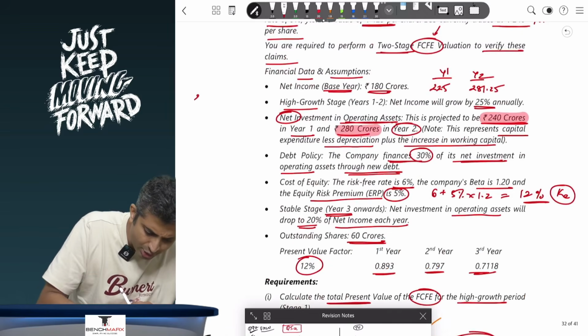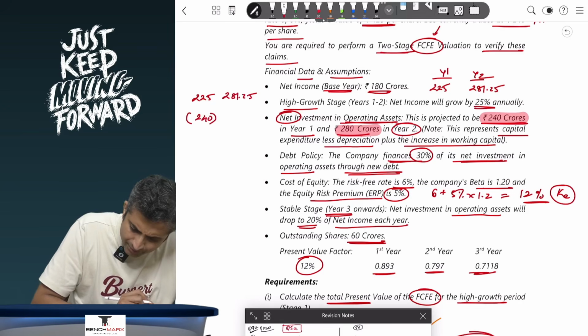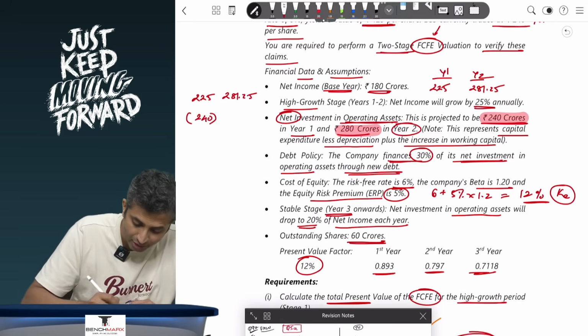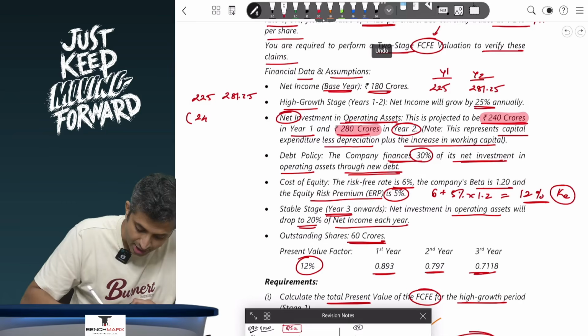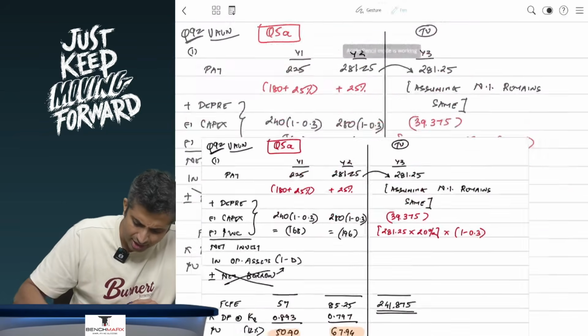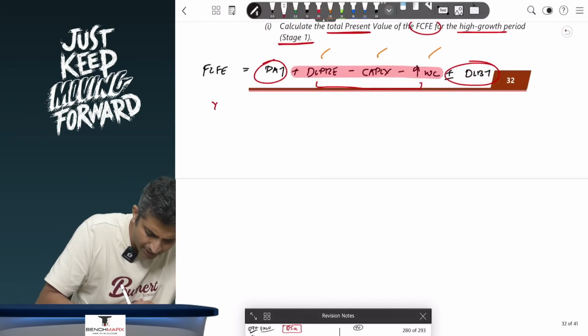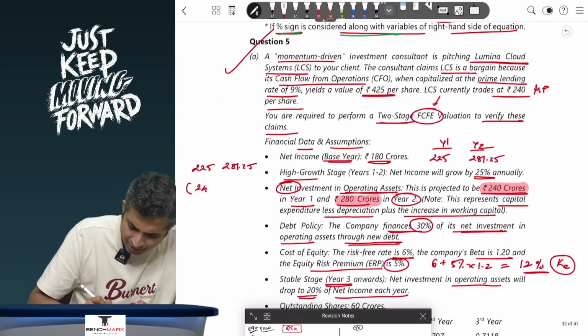I would say that this is 281.25 minus this is, let's say, 240. Oh, not 240, this is 240 into 1 minus D. So if I were to review, just a second, I would say in year 1, this is 225 PAT. Year 2, this is around 281.25.